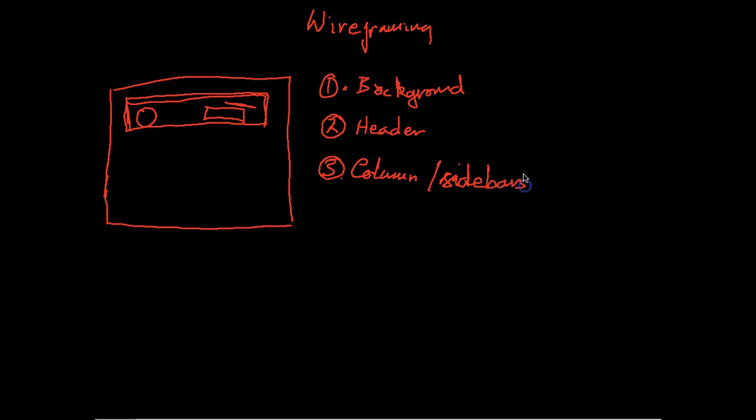So you might draw a sidebar here, and you might say, well, this is going to be our main sidebar with some sort of gizmos and gadgets connecting us to Facebook, and we're just going to have one sidebar and some main content here. And then you might want to look at menus. Now the columns and sidebars and menus kind of go in either order, but I do it in this order.